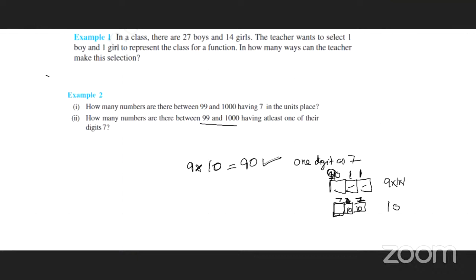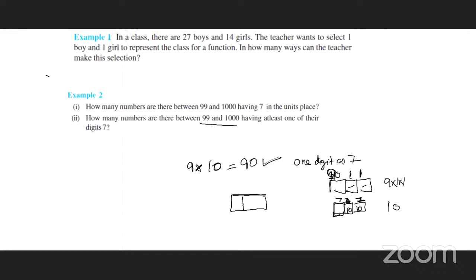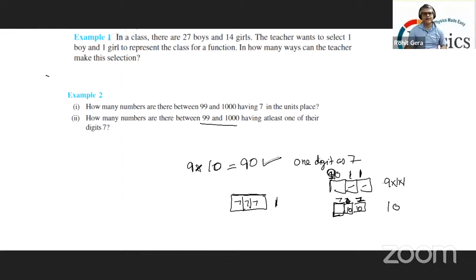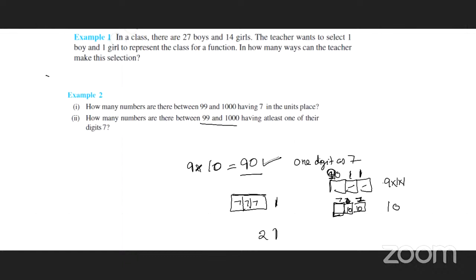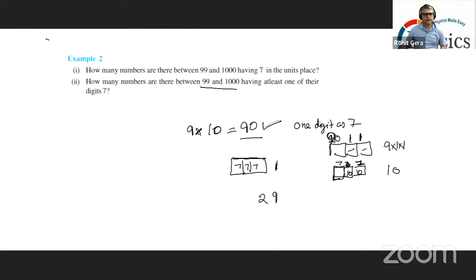So 29 ways possible. If all three are 7, then one way. So total of 90 plus 29 plus 1. 90 three times, sir? Couldn't get it.